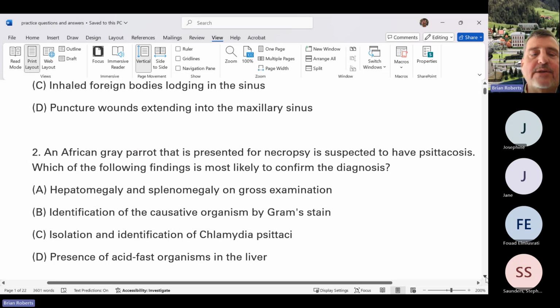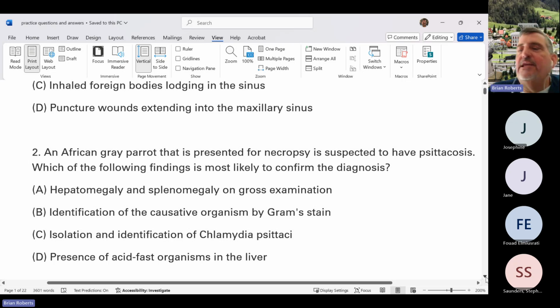So this is, again, one of the choose-the-best-answer kinds of questions. We have hepatomegaly and splenomegaly on gross exam, identification of organism by gram stain, isolation and identification of chlamydia, and acid-fast organisms in the liver.